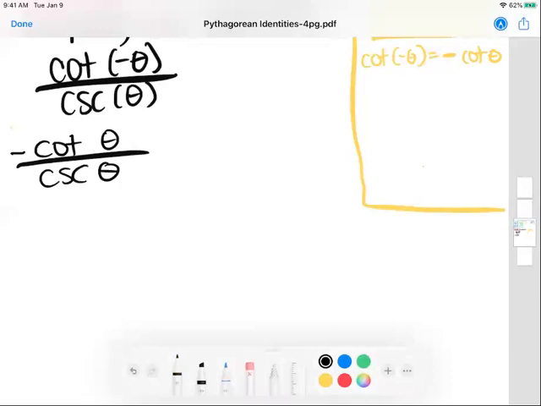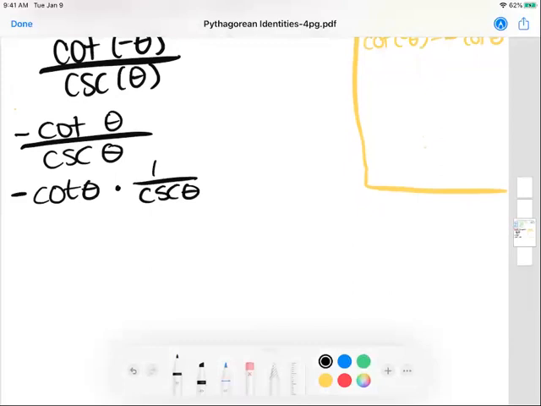Okay. All right, now what do we do? Because we need this to be one single expression. Well, I've got a fraction here, so I'm going to split it up. I'm going to split this into negative cotangent of theta times 1 over cosecant of theta. Because from here, it's going to be safer to work with our fractions that we swap out with our different identities.